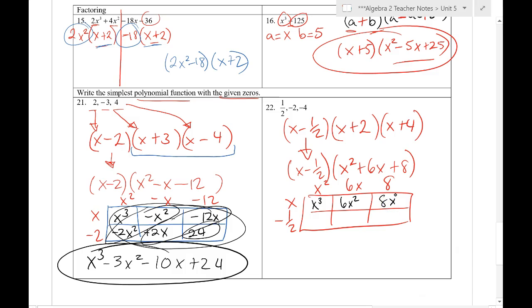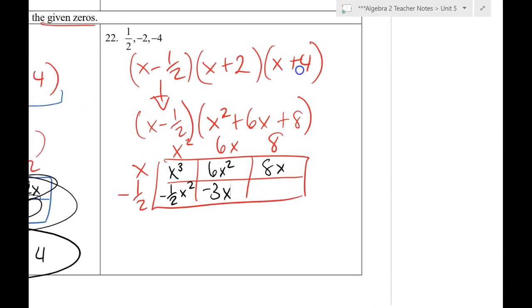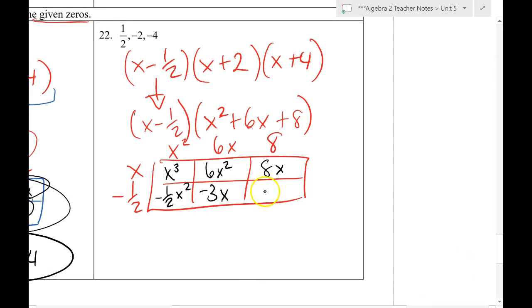Now we have some fractions. So this first one will be negative 1/2 x squared. Then this one, half of 6 is 3, and we have a negative, so that will be negative 3x. And then the last one, half of 8 is 4, but we have a negative, so it'll be negative 4.